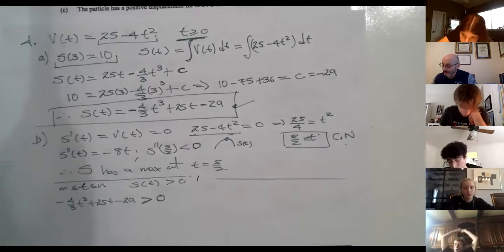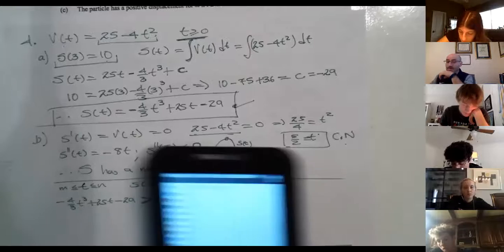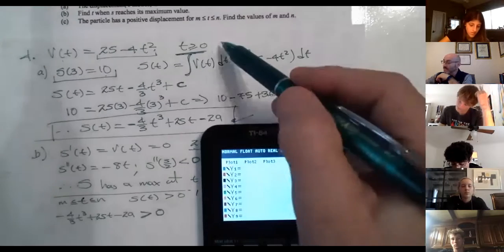So we're gonna type this into our calculator and set the window so x is greater than 0, because the time is positive only for this problem, right?